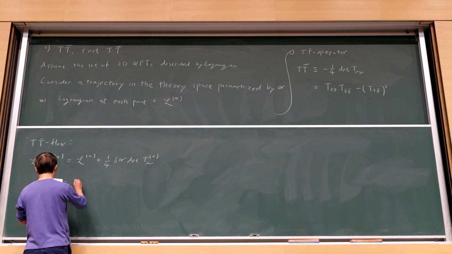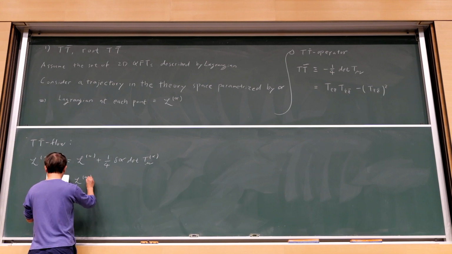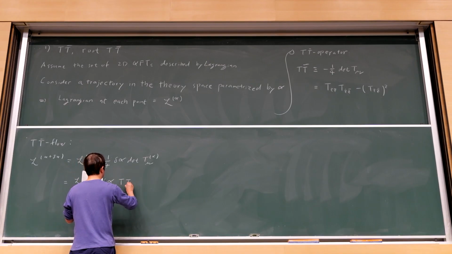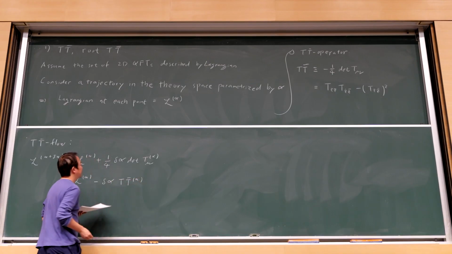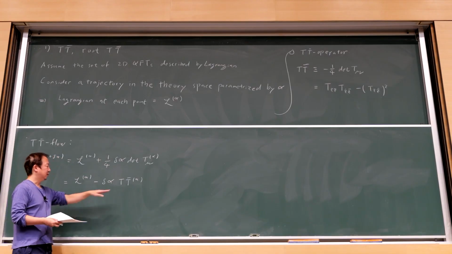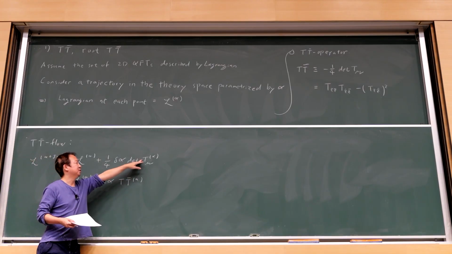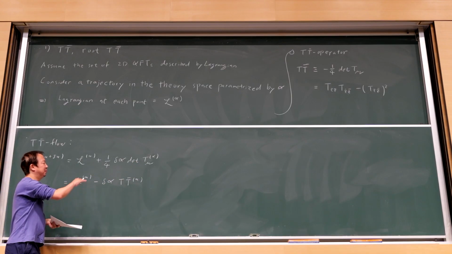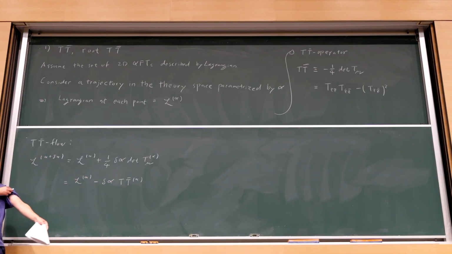This is rewritten like this: del alpha L alpha equals TT bar alpha. The alpha attached to this TT bar operator, so energy momentum tensor, means that this energy momentum tensor is for the deformed theories, L alpha. So the definition of TT bar flow is given by this one.